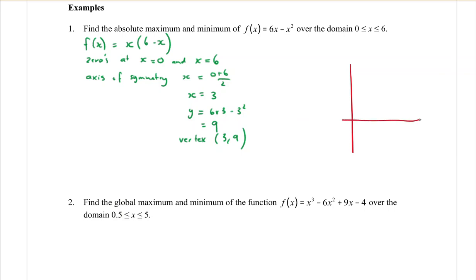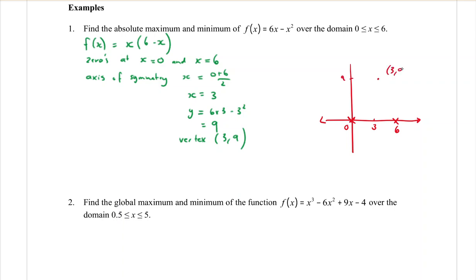So we're going to draw it. We have found an x-intercept at 0 and another x-intercept at 6. And conveniently, that is exactly where I was asked to sketch between 0 and 6. I have found a turning point at 3, which goes up to a maximum value up here at 9.